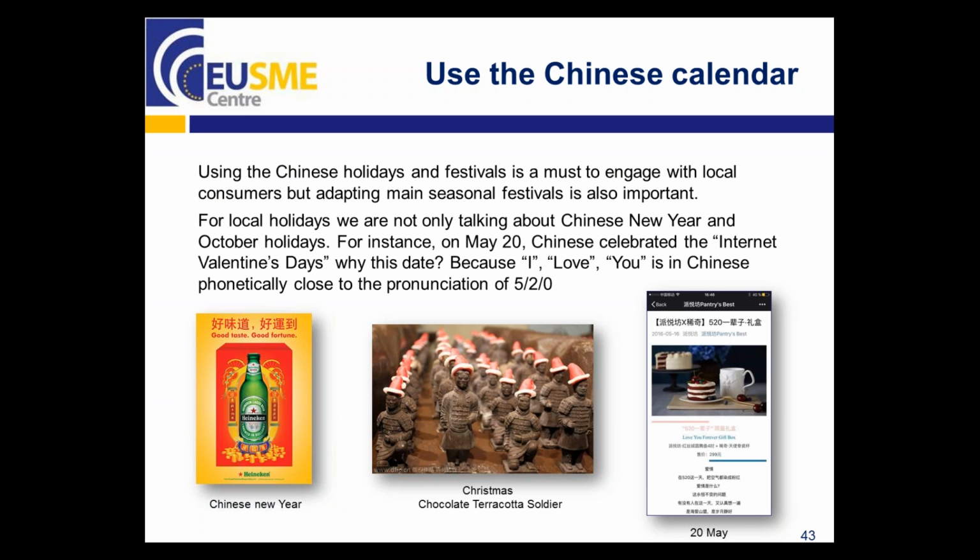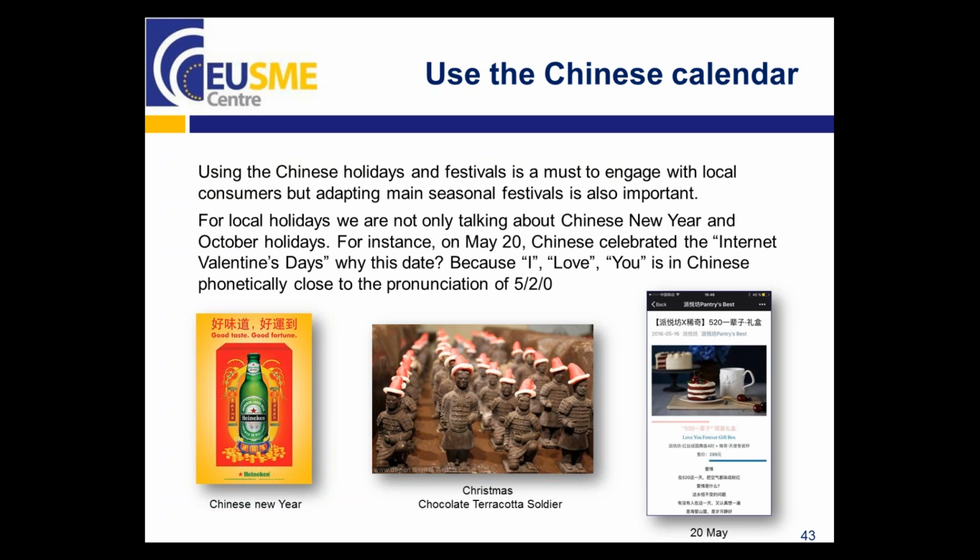It's actually a red envelope, a hongbao, which is used during the Chinese New Year to give money. So it's very traditional, but very important to China. Heineken did a great visual with a lot of coins, you see, to give you good taste and good fortune, as they claim. Then Christmas terracotta soldiers.